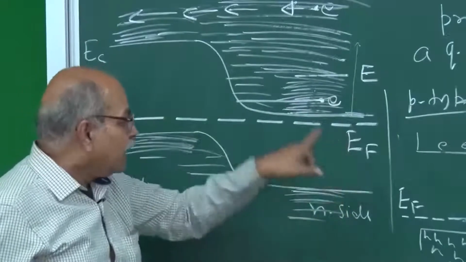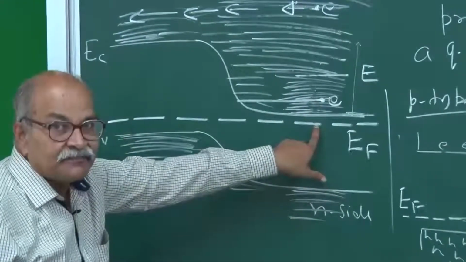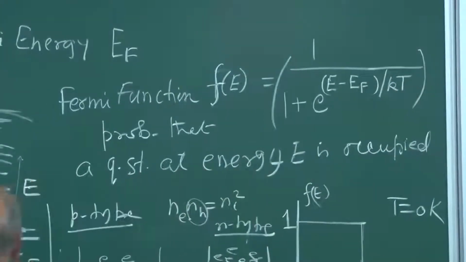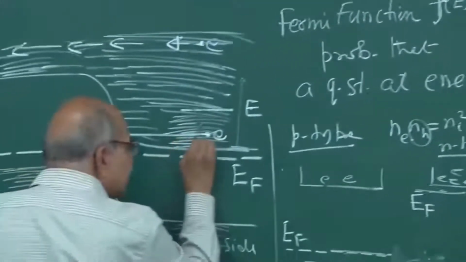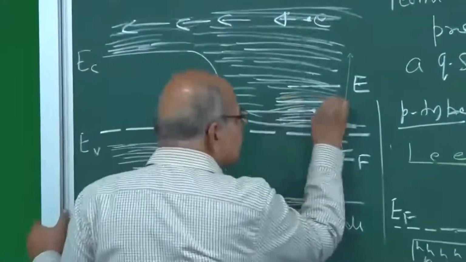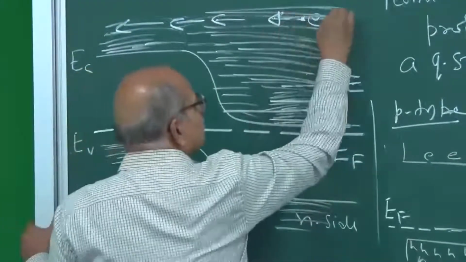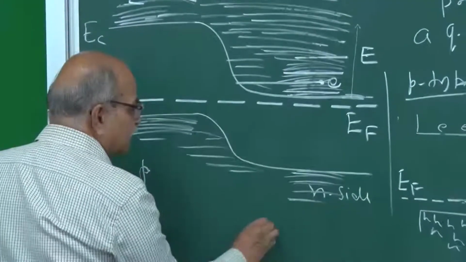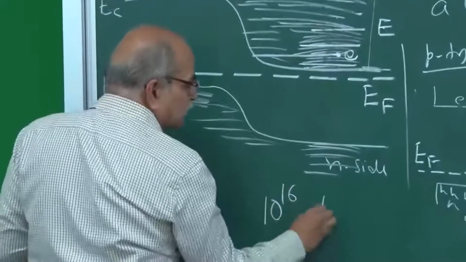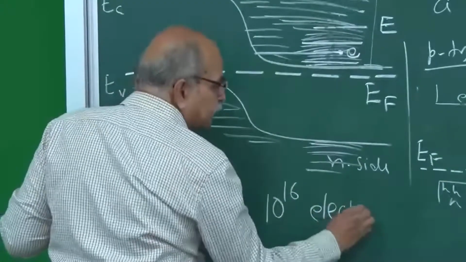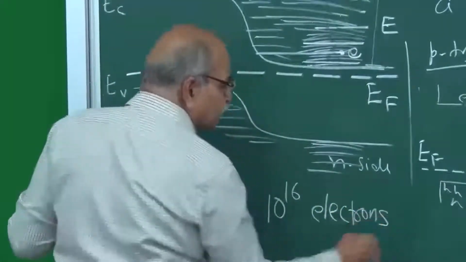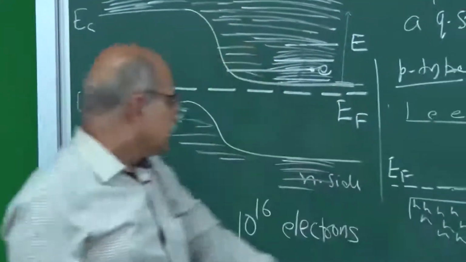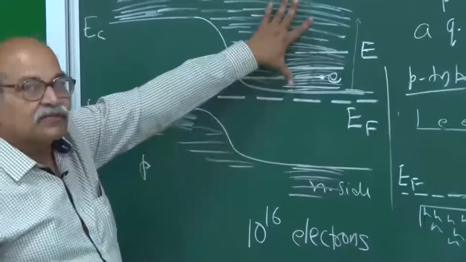Once you know this EF, then using it you can calculate the probability of this quantum state being occupied, and this one, and this one. Let's say you have 10 to the power 16 electrons per centimeter cube in this band, because you have doped it, so that many conduction electrons are there.